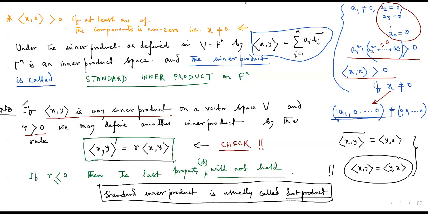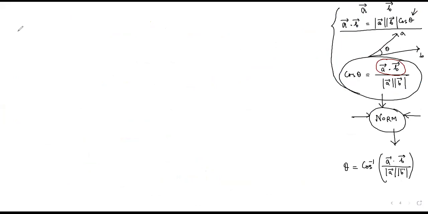Now, since the time is almost running out, probably I'll not be able to complete the discussion of this note, but you try this out at home and try to identify that this happens. XY prime is inner product. Consider R greater than 0. So what you need to check, let's try only one.